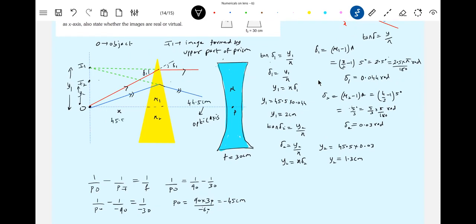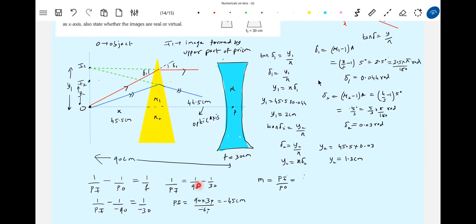So magnification, how do we define it? PI by PO. Using 1 by v minus 1 by u equals 1 by f, the object is at a distance of 90 centimeter. Focal length is 30, as a diverging lens, minus 30.